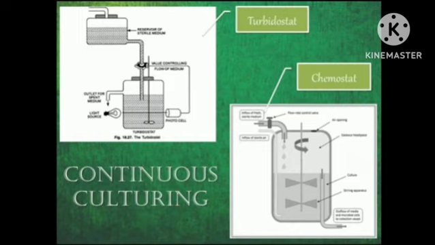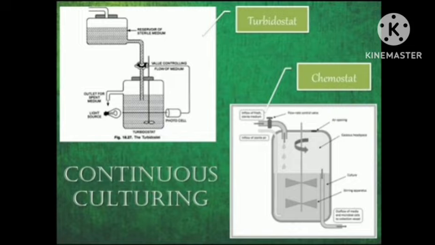The features: the turbidostat controls cell density and turbidity, and the chemostat controls nutrient flow rate. Growth rate is maximum and not controlled in a turbidostat, and in a chemostat it is controlled by dilution rate. Cell density is kept constant for a turbidostat, and in a chemostat it can vary.